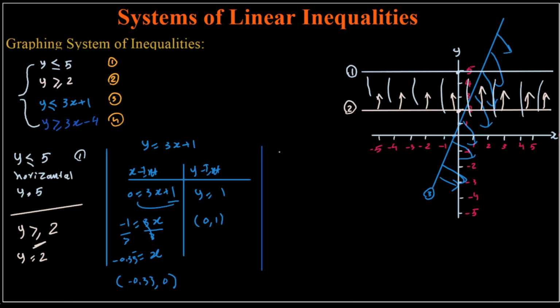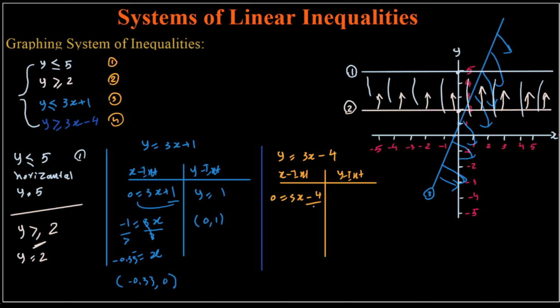The fourth one, we have y equals 3x minus 4. So we have to use x and y intercepts. This is x intercept and this is y intercept. In x intercept always y equals 0, so 0 equals 3x minus 4.